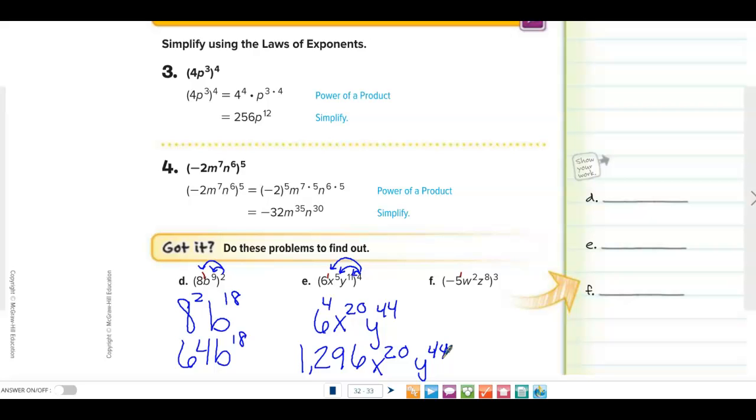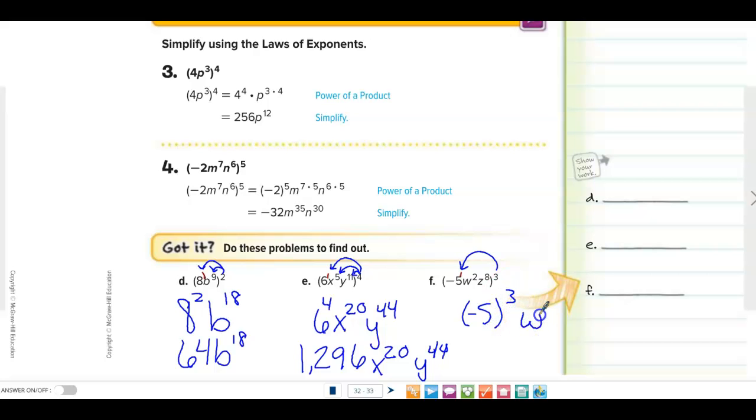We should get the last step because we type it into our calculator. Okay, on F, Daniel, how many times do I have to distribute the 3? How many bases are there, in other words? 3. So, Daniel, you can do this one with me. It would be negative 5 to the what?